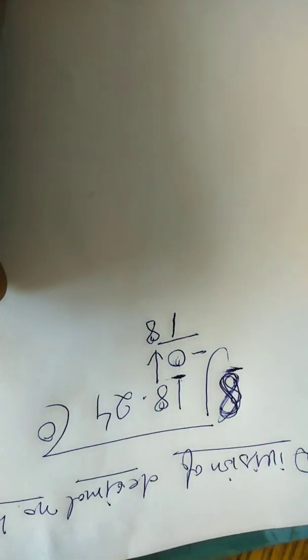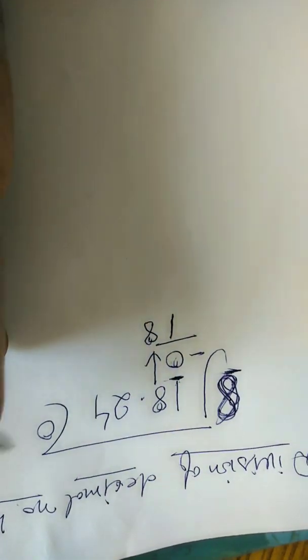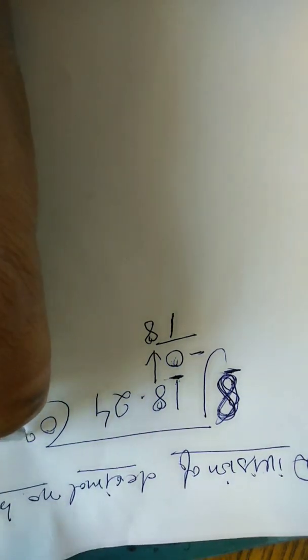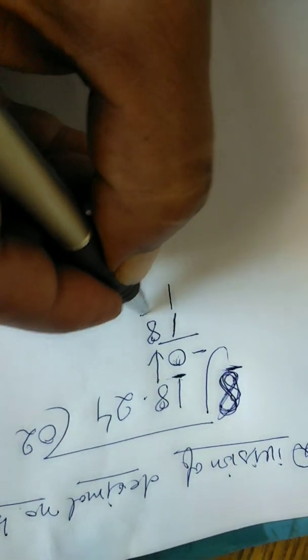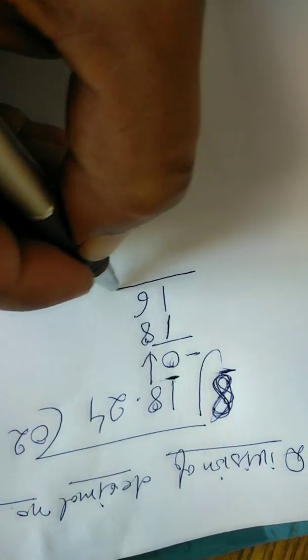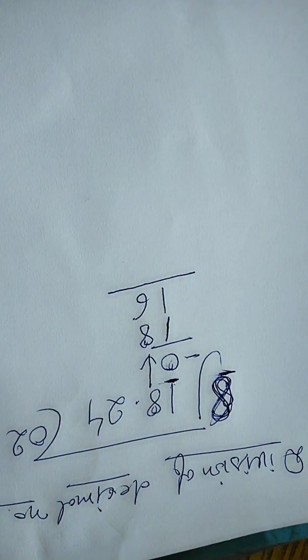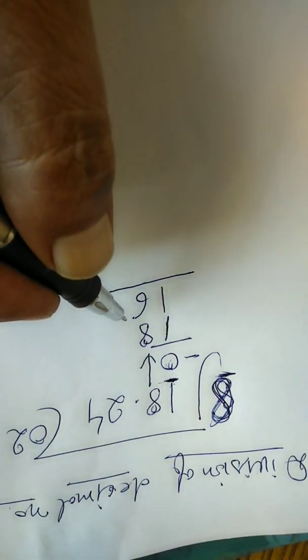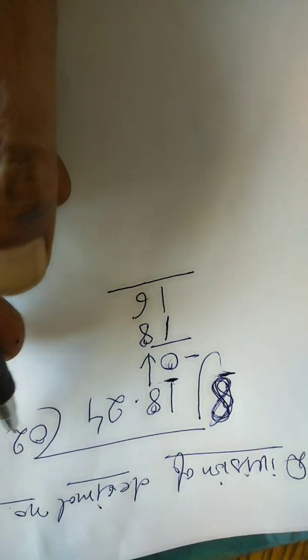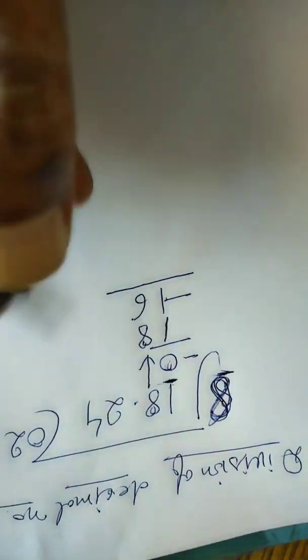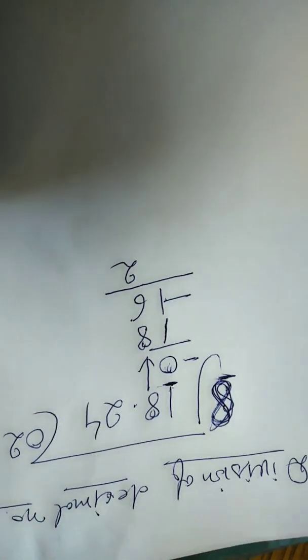Now in the table of 8 again, 8 2s are 16, 8 3s are 24. Since 16 is less than 18 and 24 is greater, you will take 8 2s are 16. Now subtract again, you will get 2.